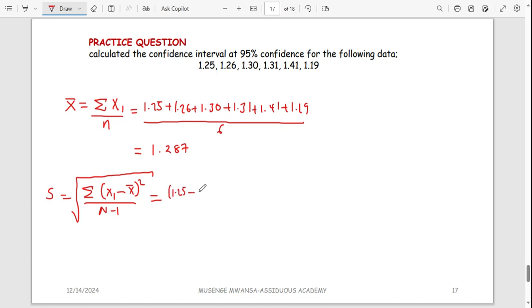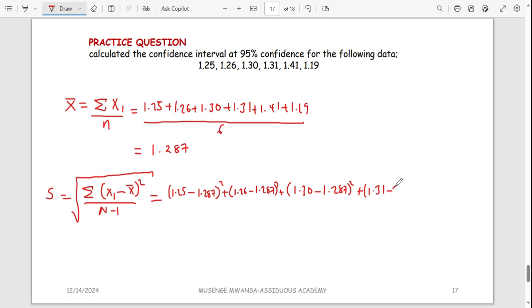So the sum, we have got 1.25. We'll remove the mean, which is 1.287. Square that, plus the next value is 1.26. Remove 1.287. Square also, plus the next is 1.30. Remove 1.287. Square that, plus the next one is 1.31.